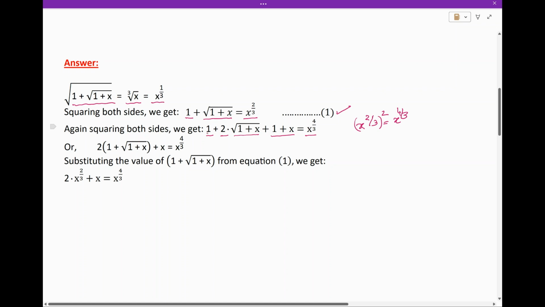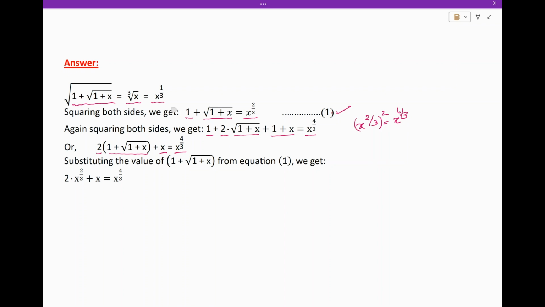So, if you take 2 out of the bracket, we get 2 multiplied by, within bracket, 1 plus square root of 1 plus x, bracket ends, plus x is equal to x to the power of 4 by 3.